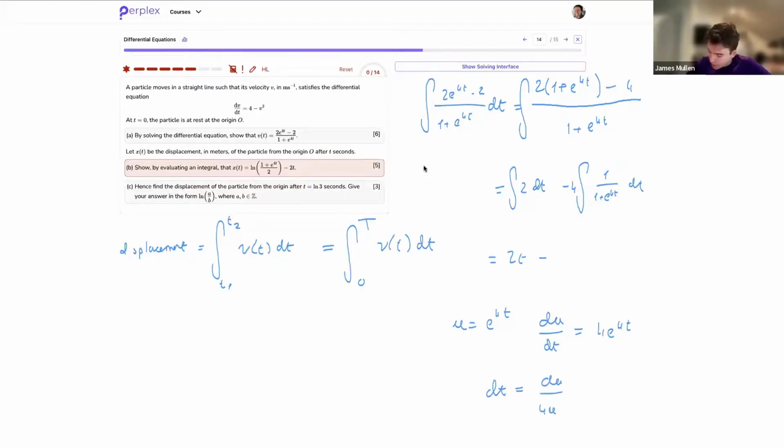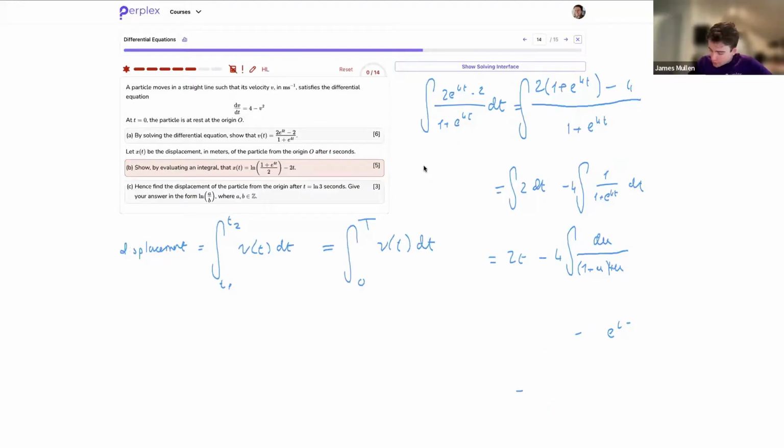All right. Now I can rewrite my integral over here as 4 times the integral of du over (1 plus u) times u. And let's not forget there was a 4 in there, and it's going to cancel with the 4 on the outside.